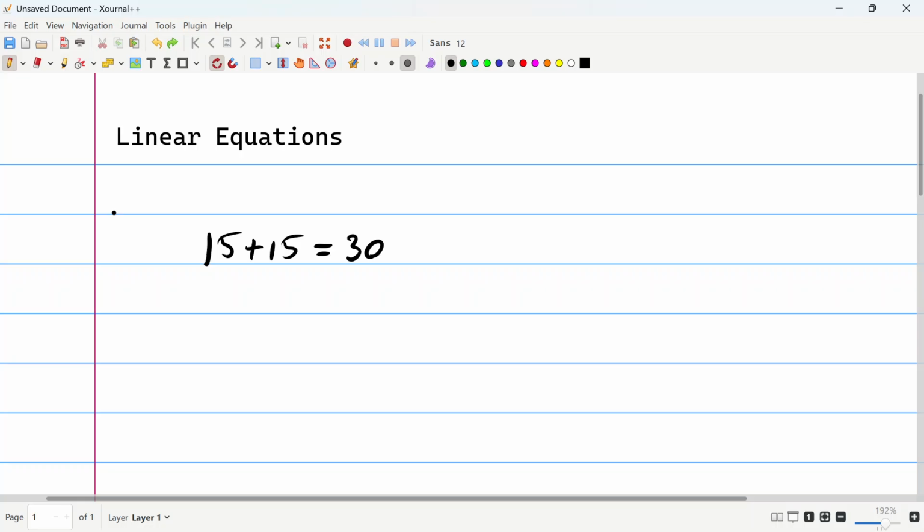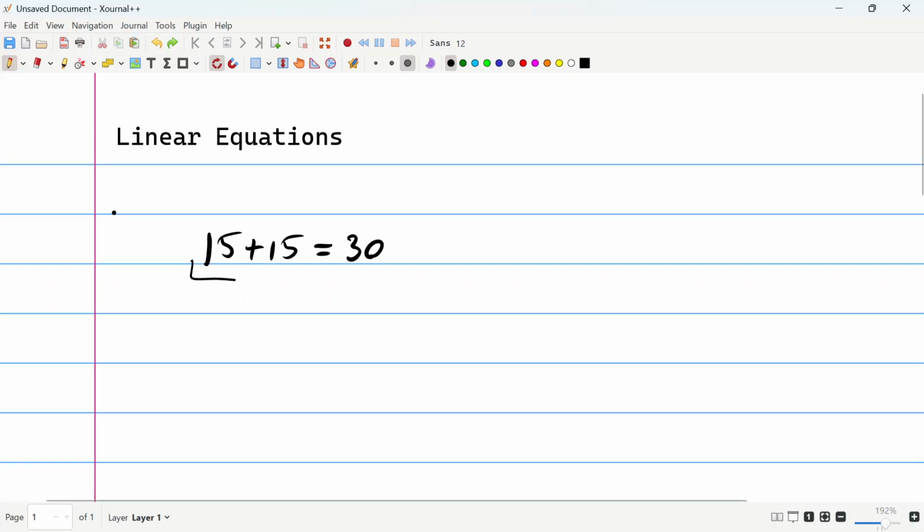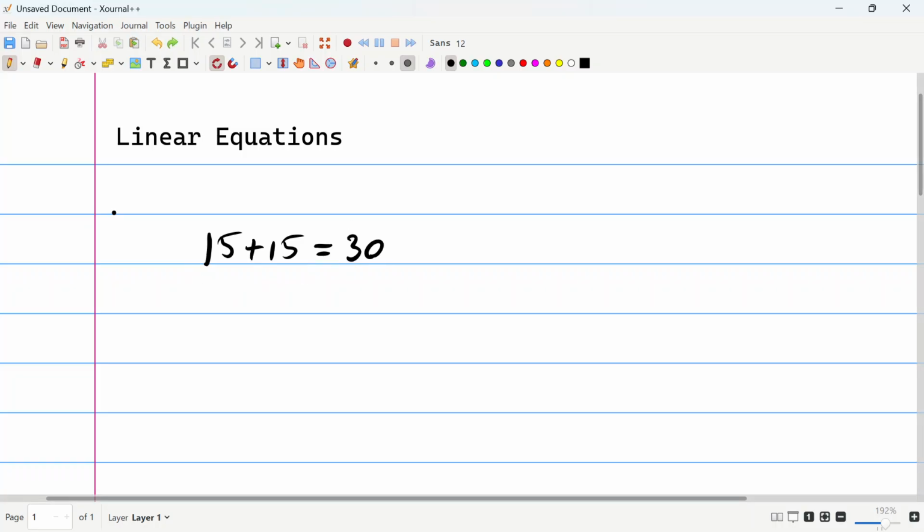Notice that this side has to be exactly the same as the other side. This one adds up to 30, but this side is also 30, so both sides have to be equal to each other. That is what an equation is. Equal on both sides.